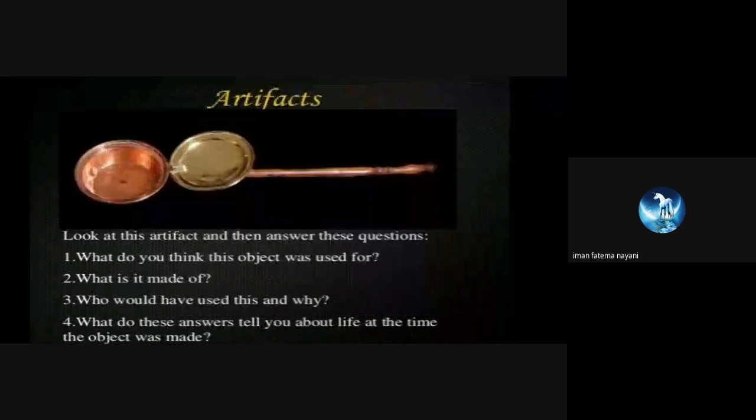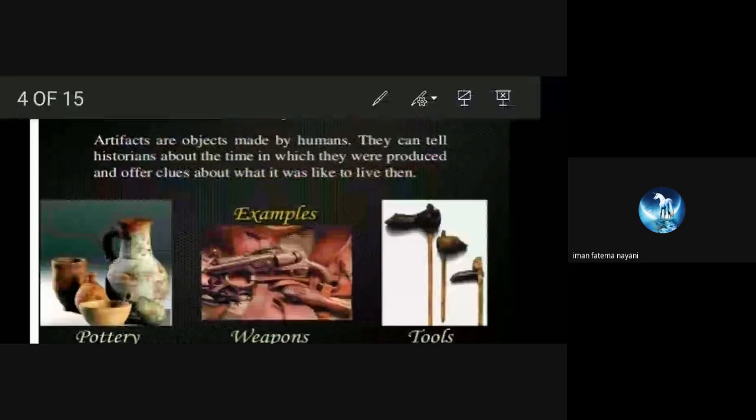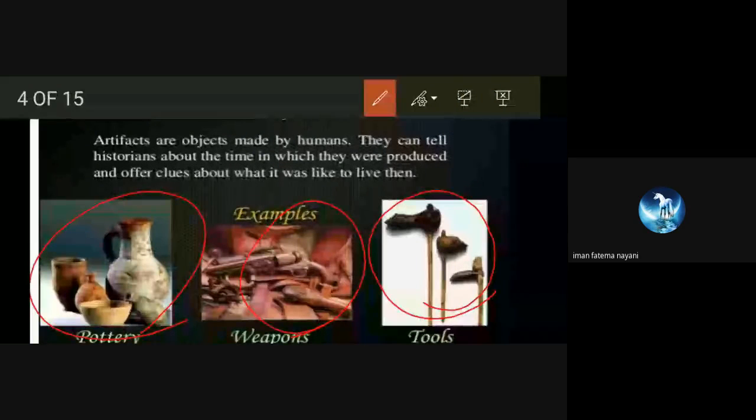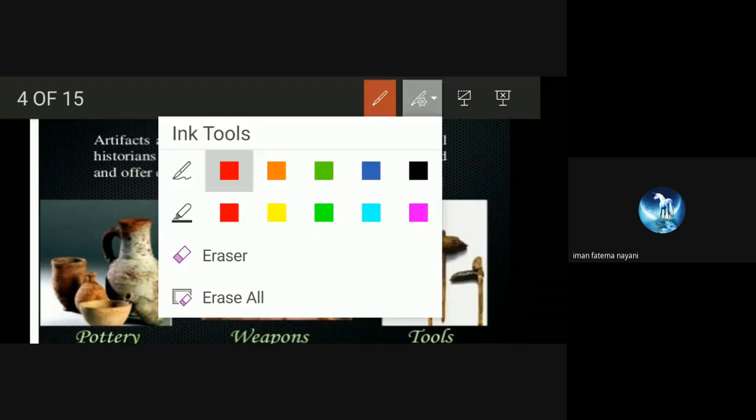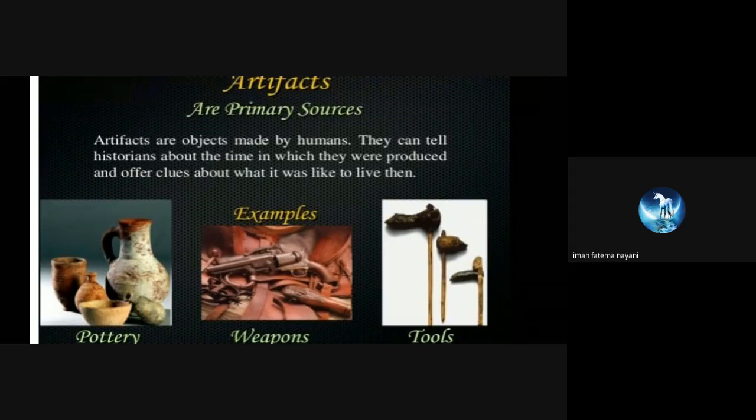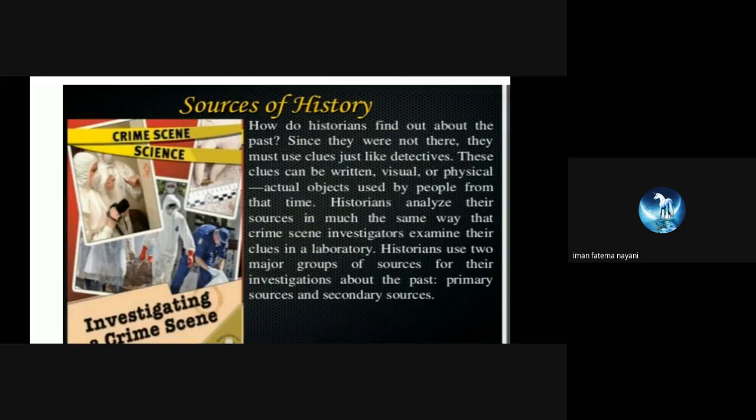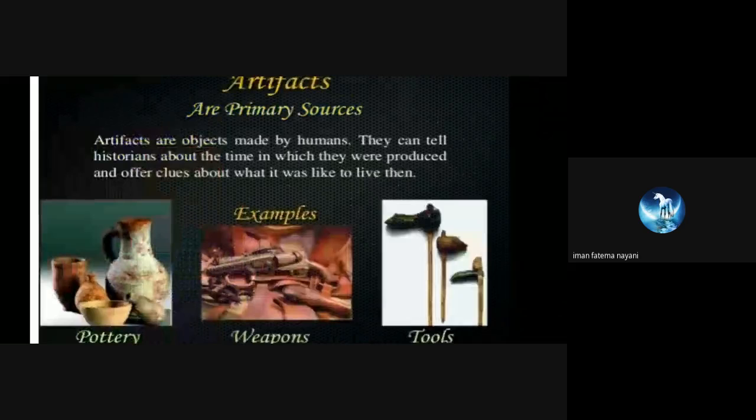Now, from where are such things found? See, from where all these tools, pottery and weapons are found out. Many a times we see that when there is a construction of any building, or some digging work is done, at that time under the ground these things are found.